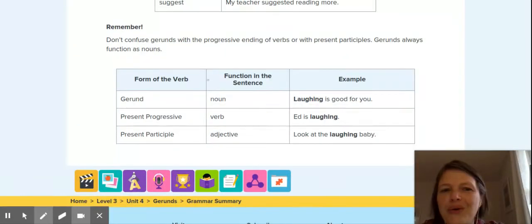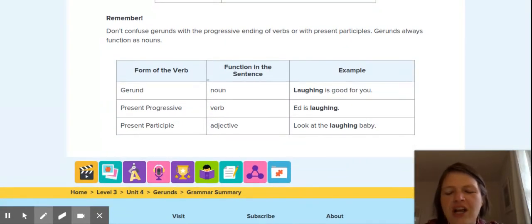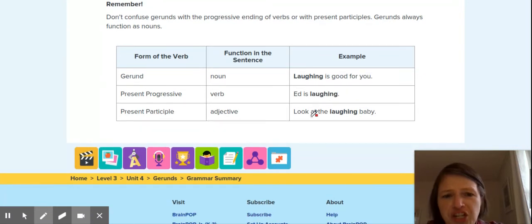And so remember, this is the tricky part: we also use ing for the present progressive form of a verb. So a gerund would be like laughing is good for you, but present progressive is Ed is laughing. Or with the present participle, when it's working like an adjective, you can say look at the laughing baby.